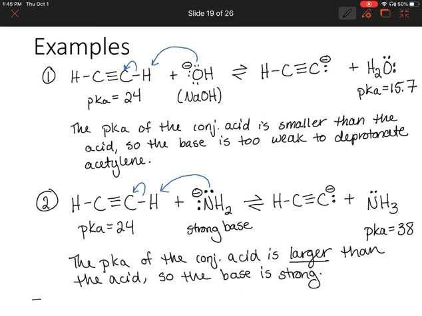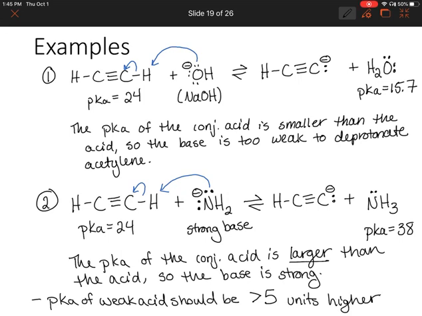So the pKa of the weak acid should be greater than 5 units higher than the original acid pKa.